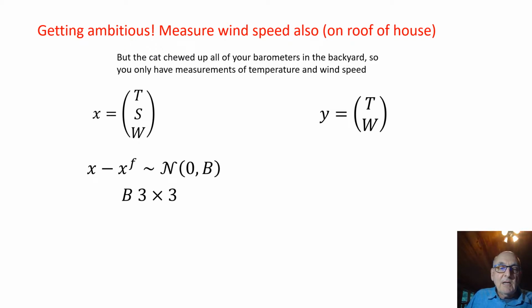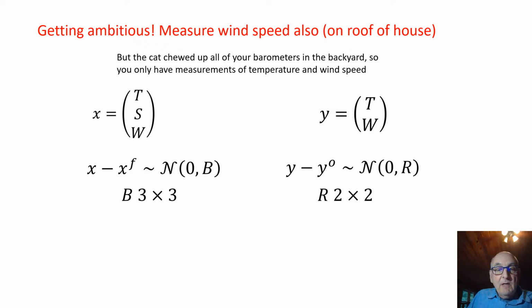We'll assume again that x minus xf, these are now 3-vectors, are normally distributed in the same way. Covariance B is a 3 by 3 matrix, and y, the observations, are distributed normally again with covariance matrix R, but R is only 2 by 2 and y is a 2-vector.